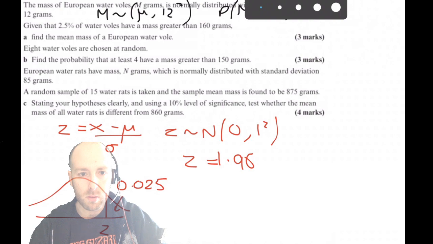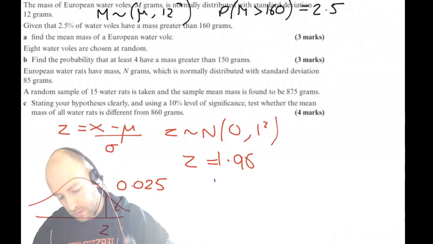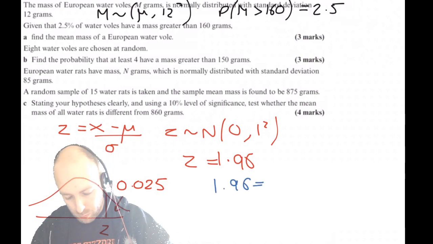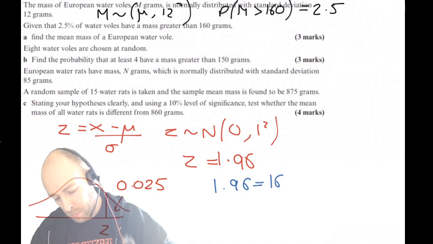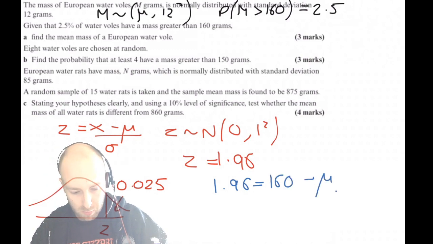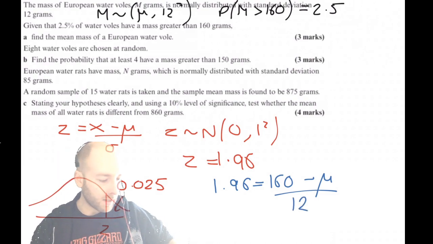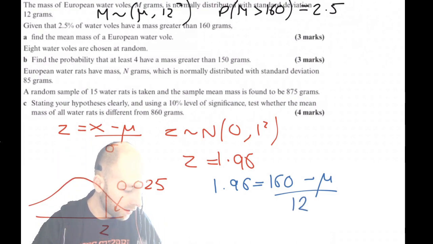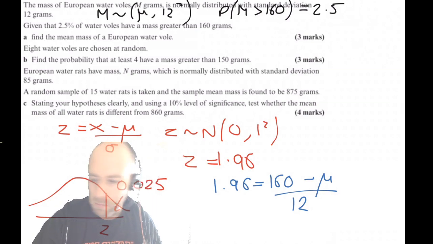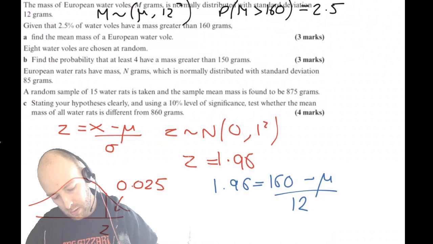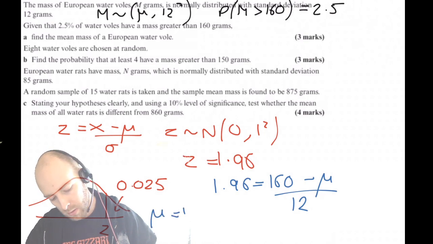So we're now going to code that back into an X value. Z is 1.96, so 1.96 equals X, which was 160, minus mu, we don't know, over sigma, which was 12. If we uncode that on the calculator, 1.96 times 12 and do 160 minus that answer, we get mu as 136.48.